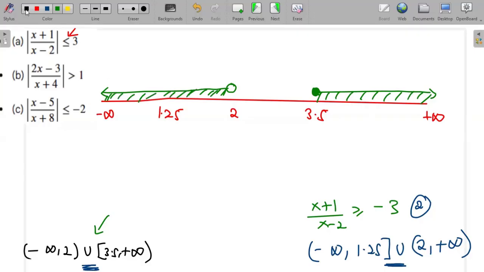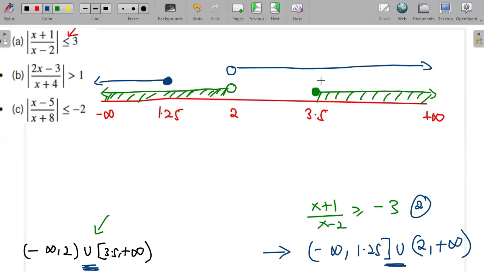The other part of the answer, I'm going to put in blue. So now I'm using this one here. That is minus infinity to 1.25, and the 1.25 is included. So I shade there. On the other part, I'm starting at 2 and going to positive infinity.